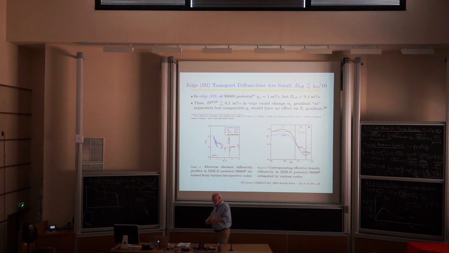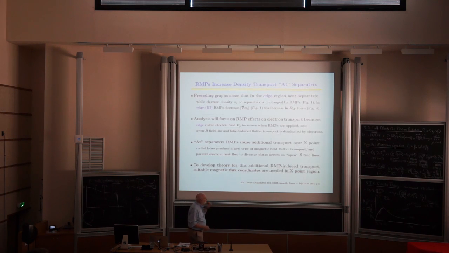And we're trying to get them to overlay, and we consider this reasonable agreement given the amount of uncertainty in neutral recycling. Anyway, the basic idea is that a D at this level would affect the density gradient. So we up it a bit. But the chi-E's, it turns out, are up in this range, so we wouldn't affect them. And so we needed to understand that.